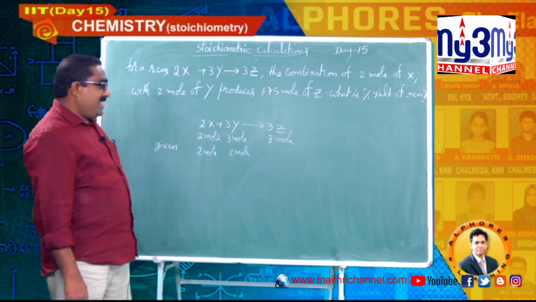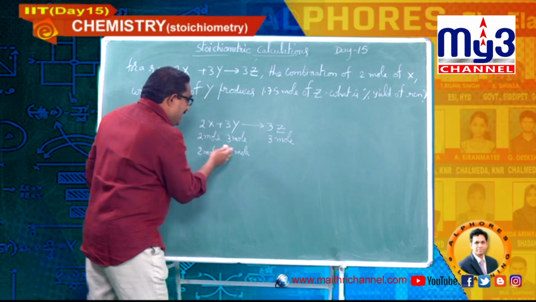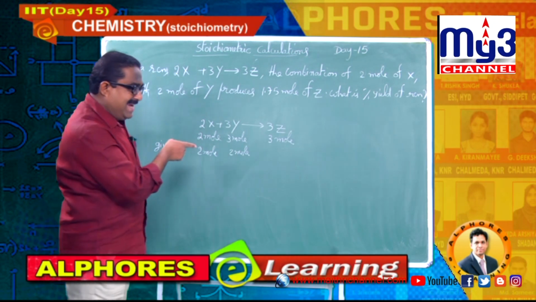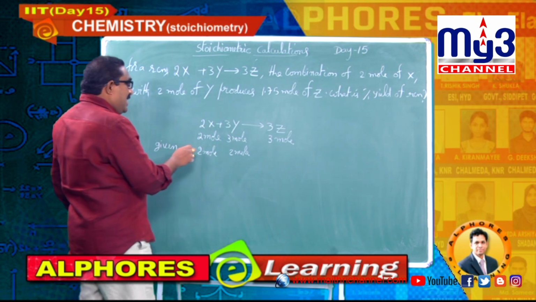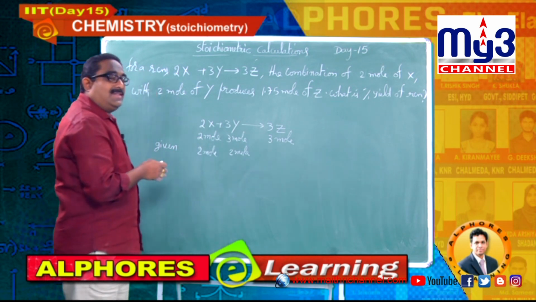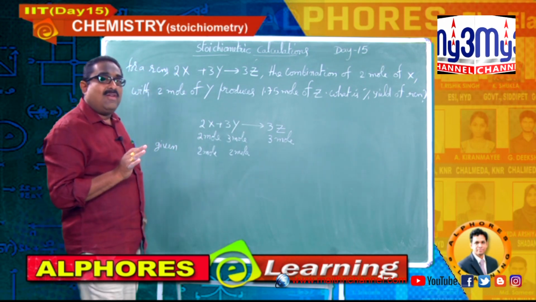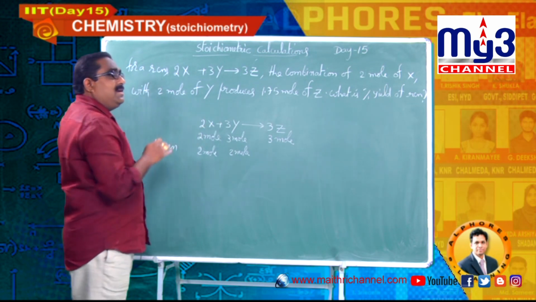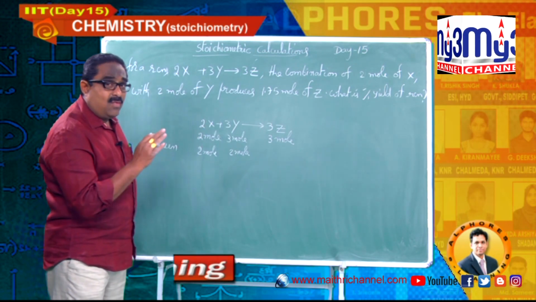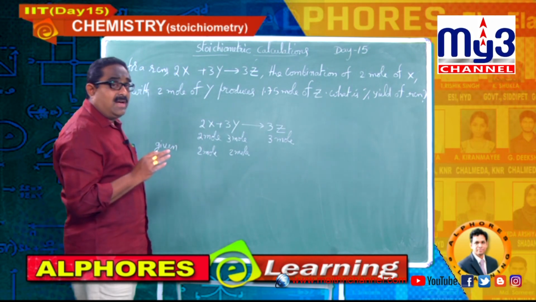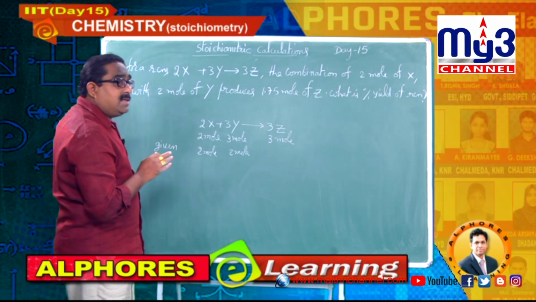Now here there enters the concept of limiting reagent again, because equal moles he has given, but 2 moles needs 3 moles. So now first of all we have to fix which is limiting reagent, either X or Y. For that I have already explained to you in the previous session how to fix limiting reagent.